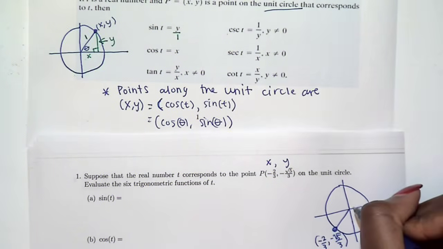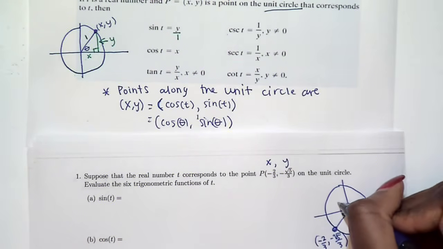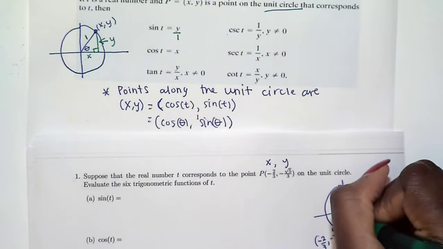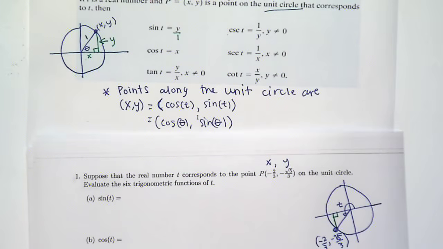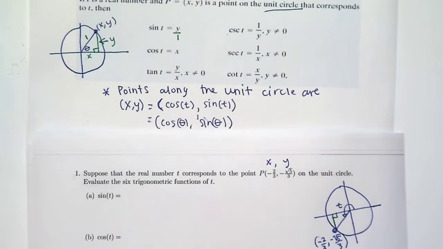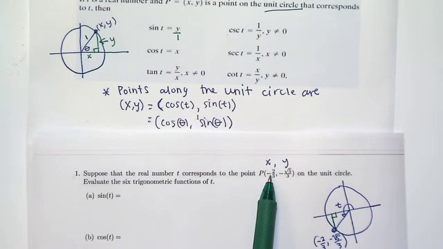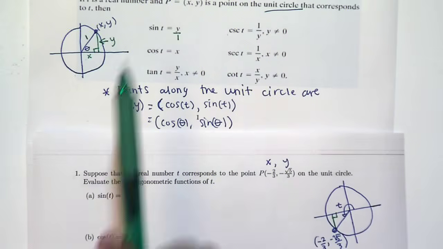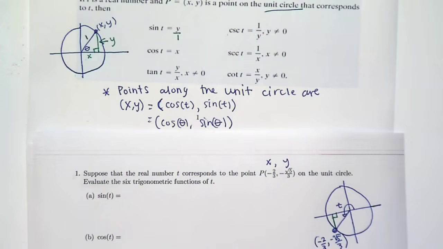And we're talking about this angle, t. A couple things we could do. We could draw a triangle and use opposite, adjacent, and hypotenuse, or we can remember that x is just cosine and y is just sine. So we can use these to figure out all of our trig functions.